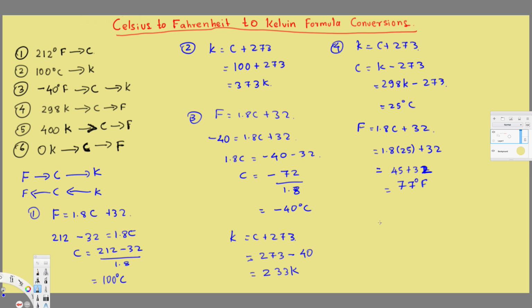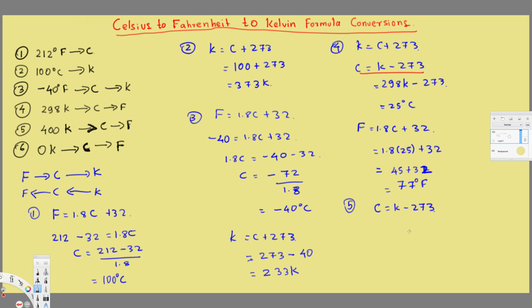Let's do the fifth question. The fifth question is asking to convert Kelvin into Celsius, then Celsius into Fahrenheit. We are going to use the same approach as we did before, Kelvin into Celsius. So C is equal to K minus 273. I have done this one over right here.